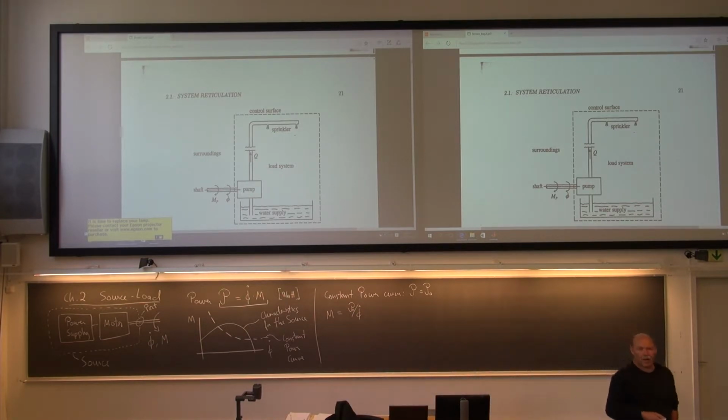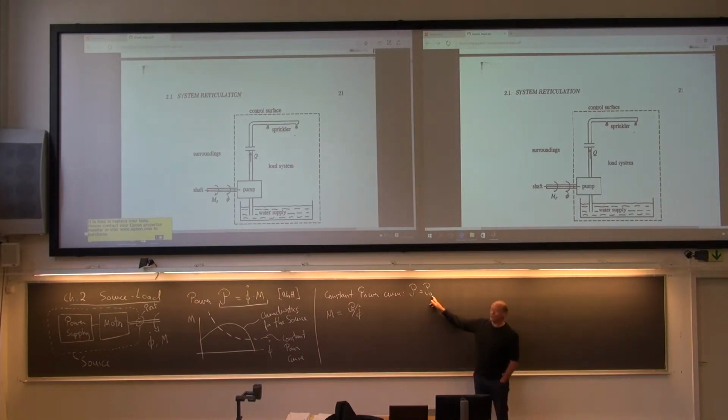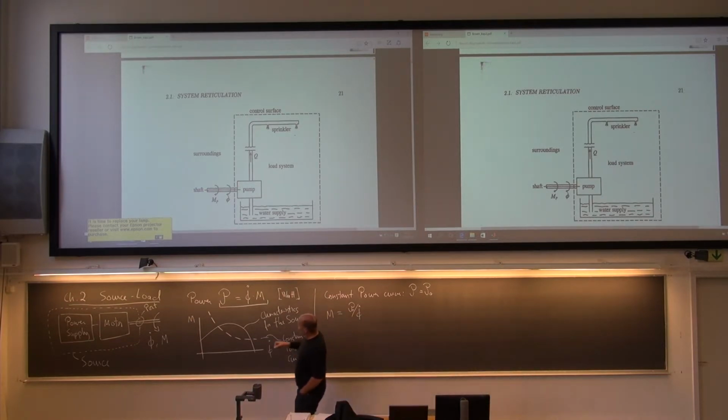What's the maximum power this source can provide? Well, you can now play around with different values here, and you get a different curve every time. If you choose too big a number, you will have a curve going somewhere up here, and you don't hit the characteristic at all.